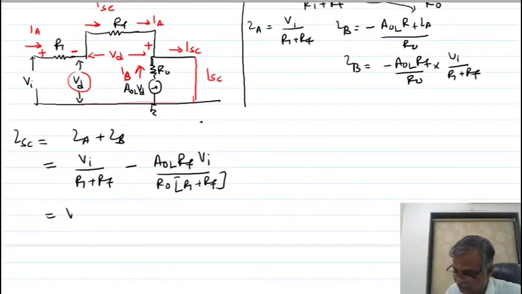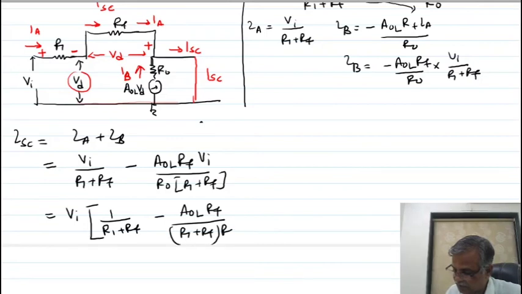So I am taking VI common. It is 1 plus R1 plus RF minus AOL RF upon R1 plus RF into RO. So I can write VI upon R1 plus RF, 1 minus AOL into RF upon RO.